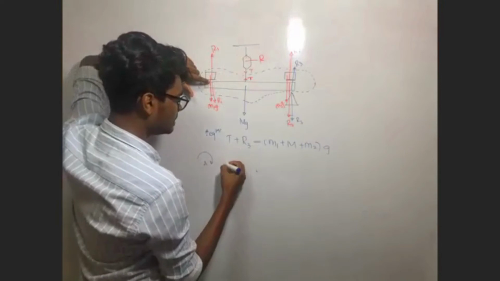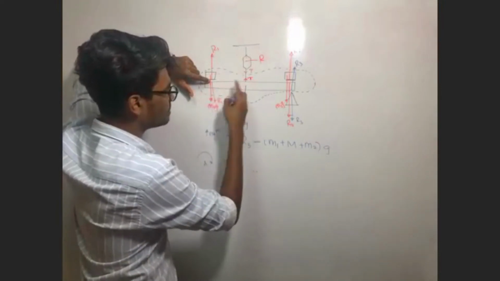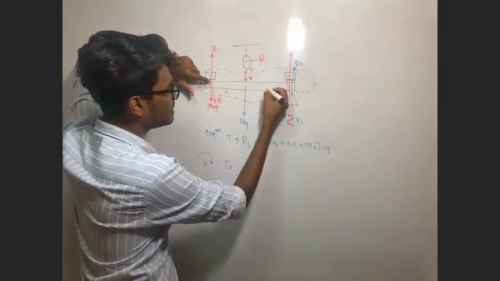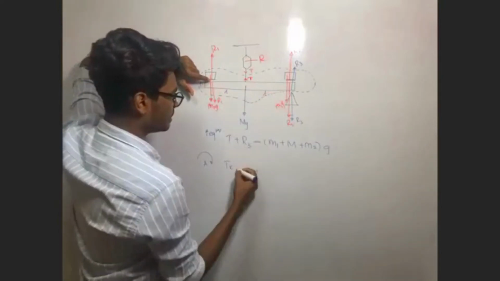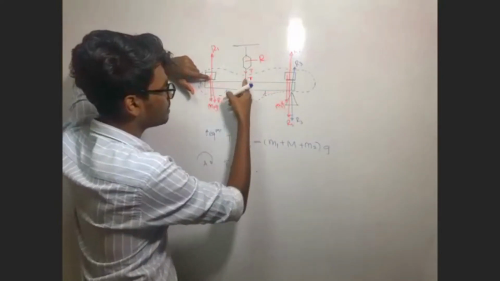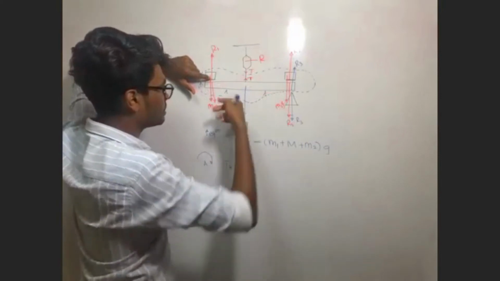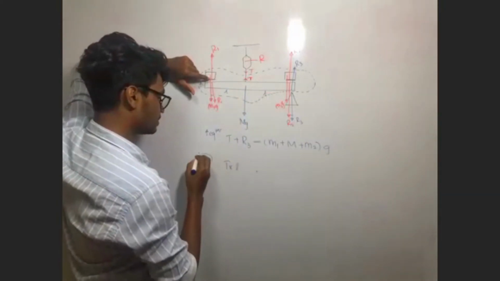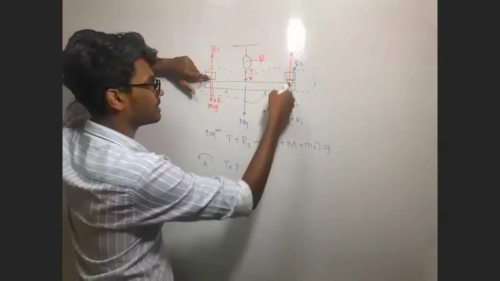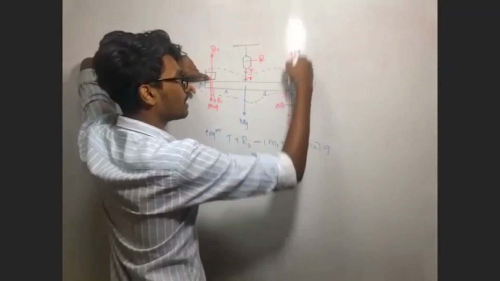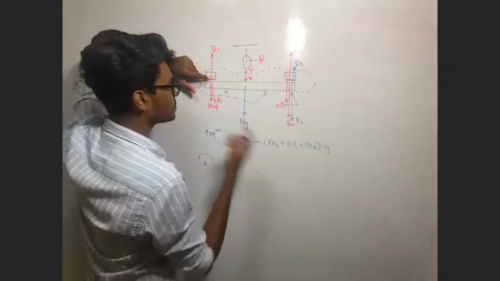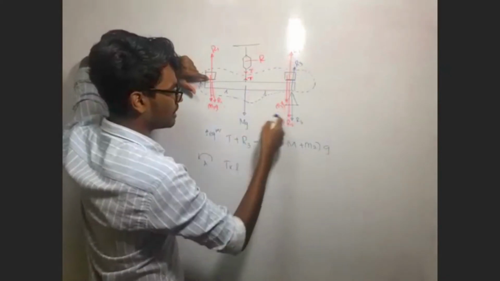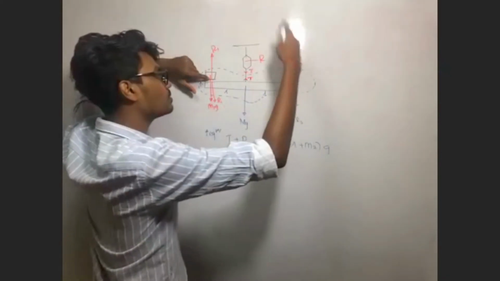T is there. Let's assume this is length L and this is also length L. T into L, T into perpendicular L, that's an anti-clockwise moment. What are the other anti-clockwise moments? R2 to R2 cancels out, so therefore no moment.